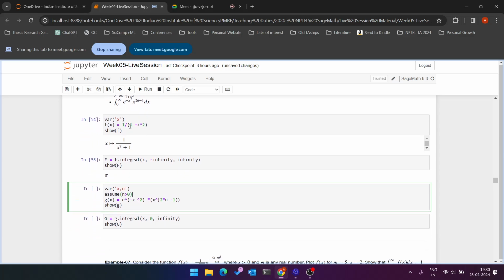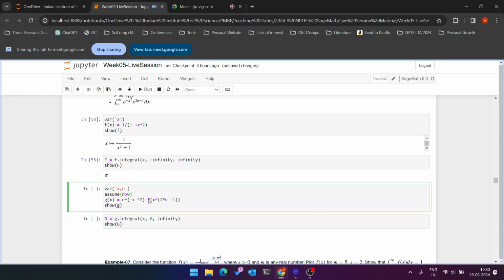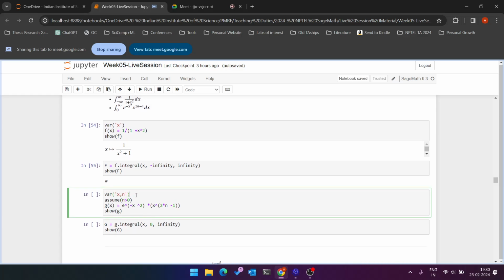Next, we have been asked to calculate e raised to minus x square, x raised to 2n minus 1 from 0 to infinity. Here x needs to be positive, because otherwise e raised to minus x square will just blow up to infinity.